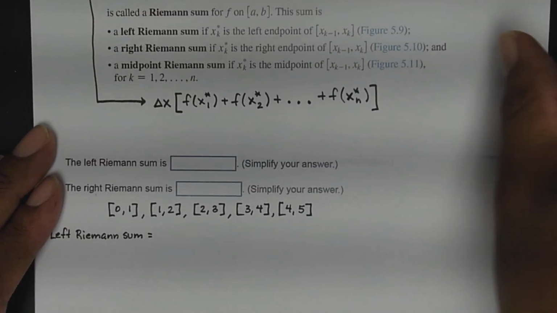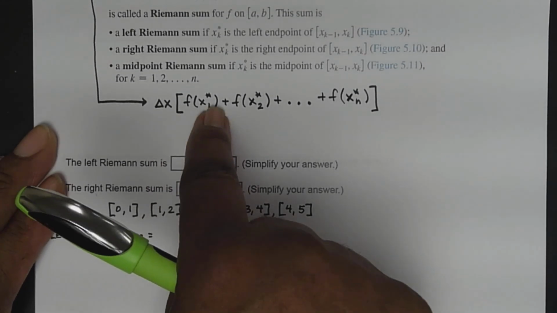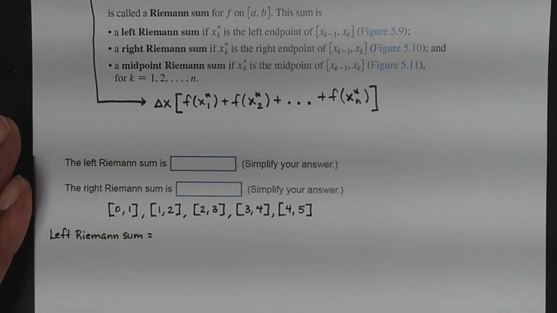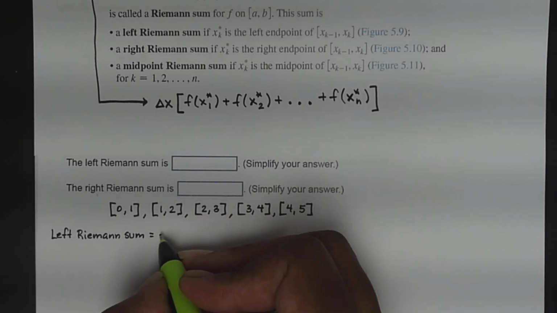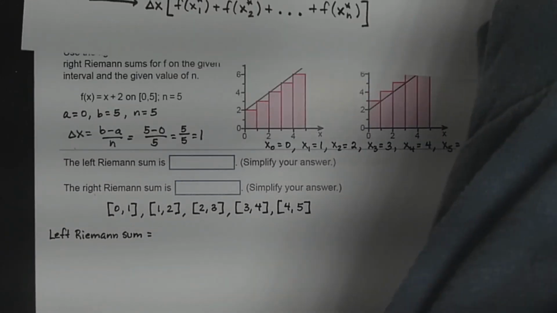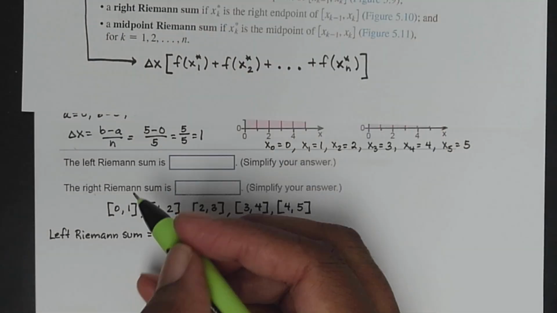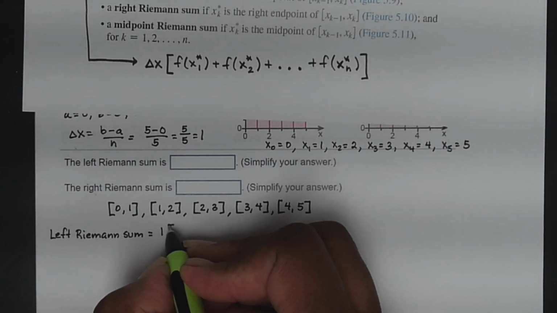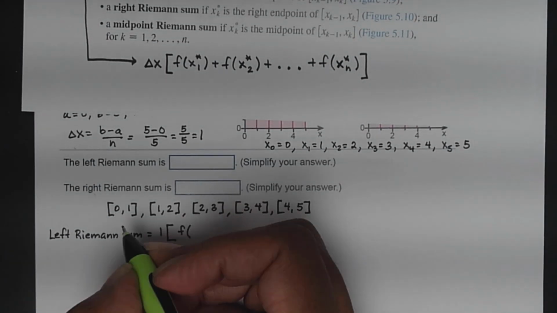That would be this right here. Delta x times f of each one of those left endpoints on each of those sub-intervals. Delta x, we found out to be, of course, 1. So I'm going to have 1 times f of my left endpoints.